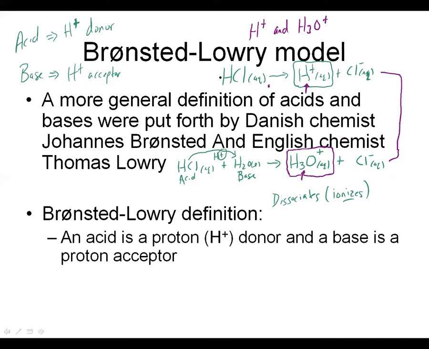But again, some people will write it without the water, and some people will write it with the water. And the main thing is, if you write it with the water, that's pretty much when you're going to produce that H3O plus. If you don't write it with the water, you will produce the H plus. So that is why when we talk about acid-base chemistry, the H plus and the H3O plus are essentially the same thing. And again, you can write it either way. Neither way is wrong per se.